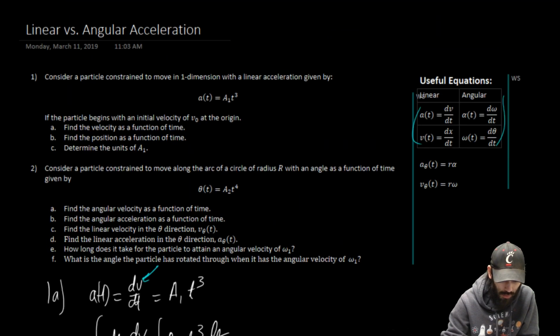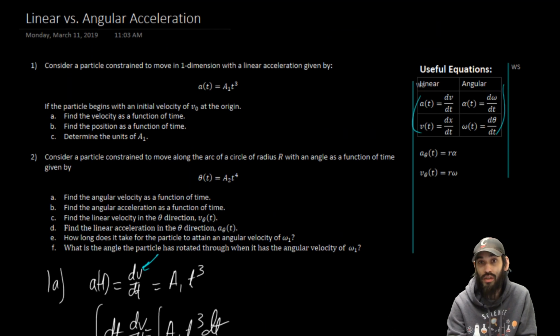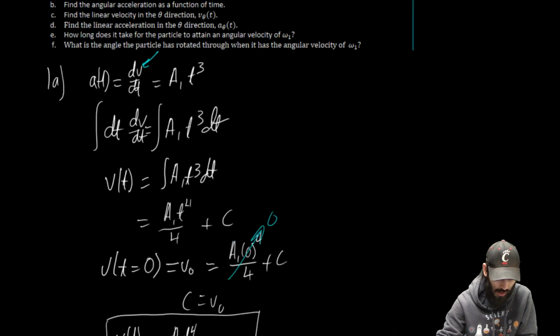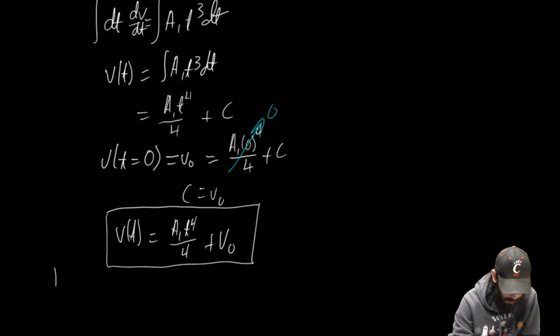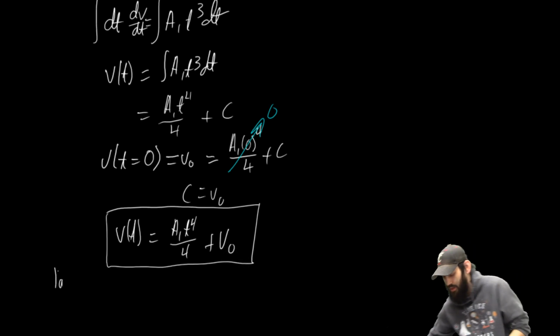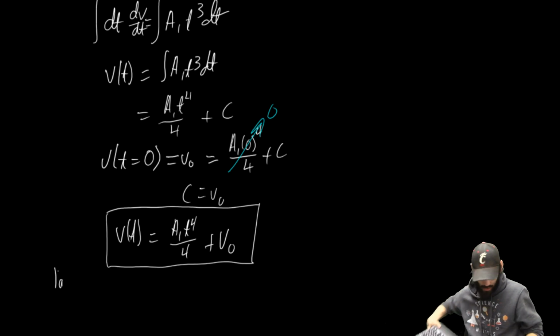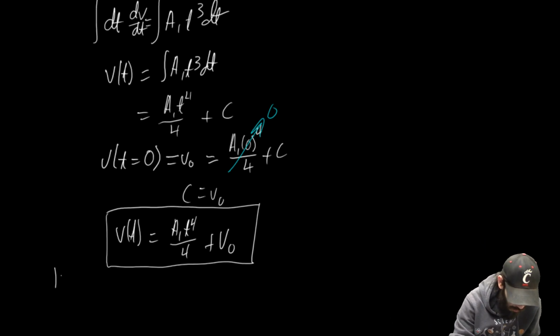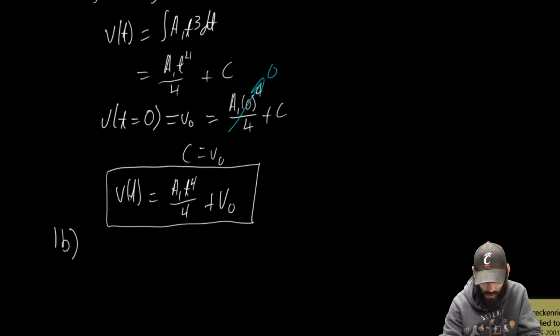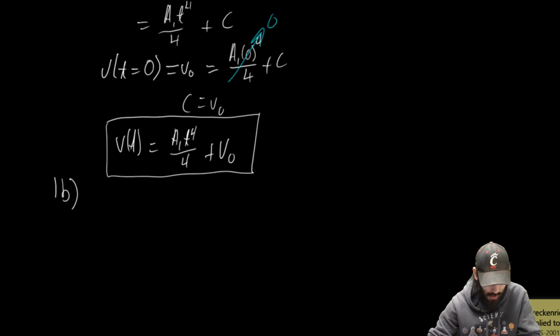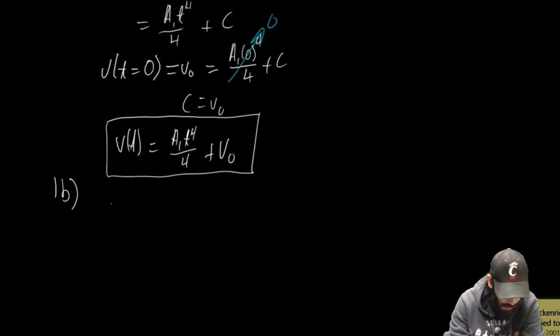So the next part, we want to find what the position as a function of time is. And we have the equation for that. For 1b, we have that the position as a function of time is related to the velocity as a function of time, according to v of t is equal to dx dt.